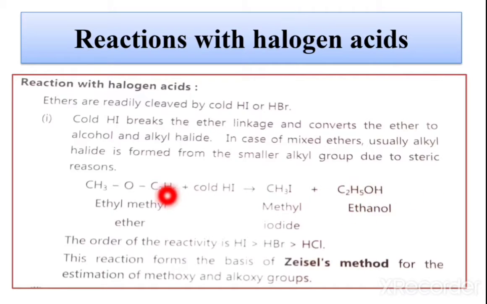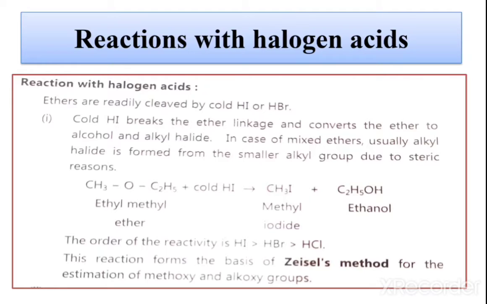That means the larger part goes to the alcohol side while the smaller fragment goes to the alkyl halide. We have to remember that when cold HI is treated with ether, there is cleavage of the ether molecule and after cleavage we get the alcohol plus alkyl halide.